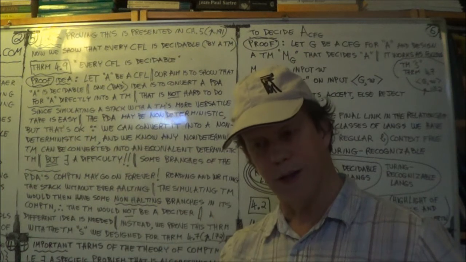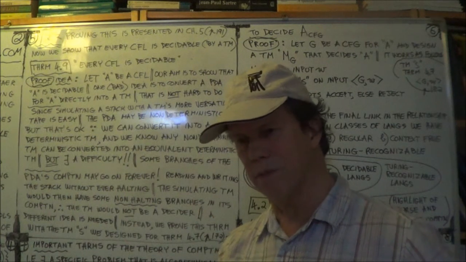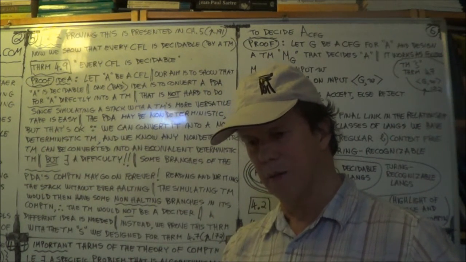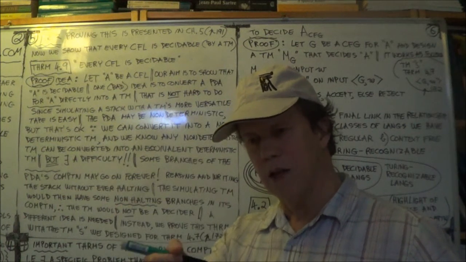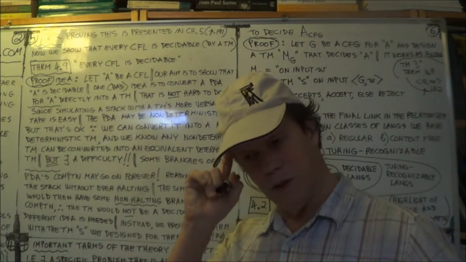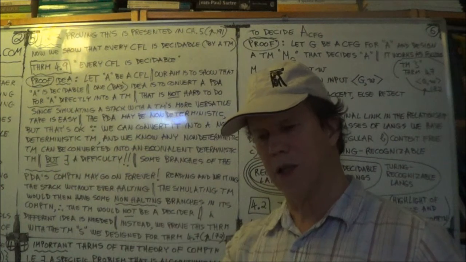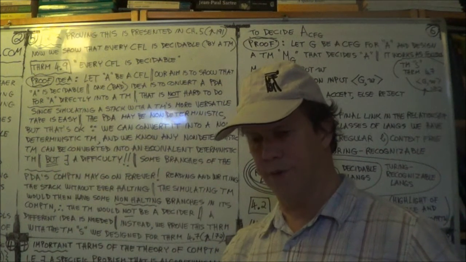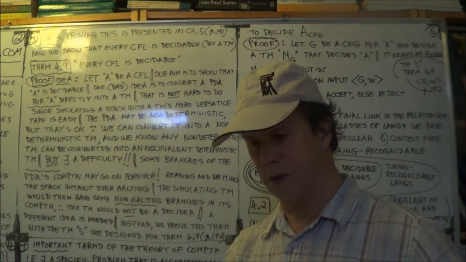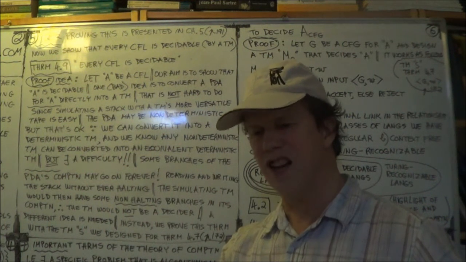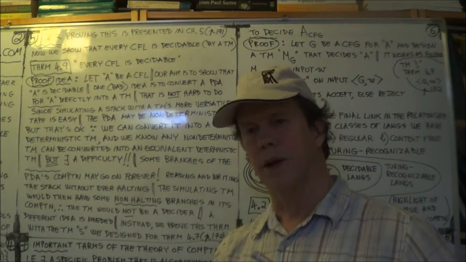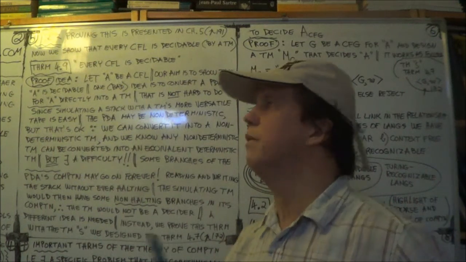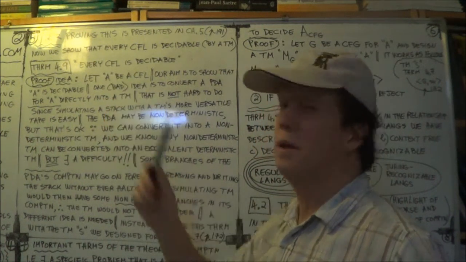It's got to be a decider, not just a recognizer. You also want the Turing machine to say this particular string is not a member of the language. In other words, this string cannot be generated by the grammar that corresponds to this language.